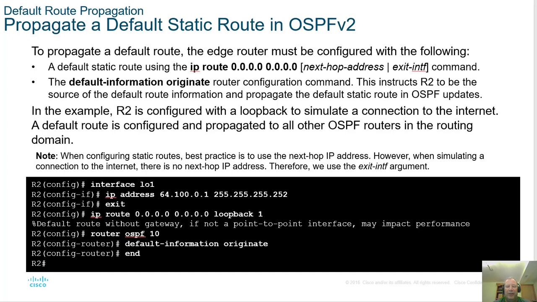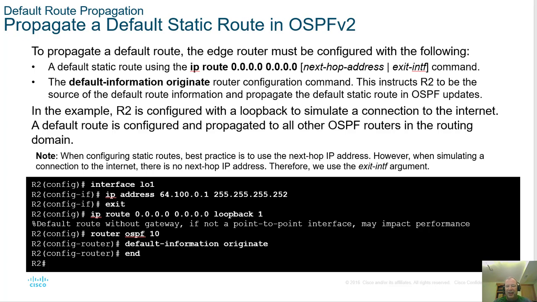All the other routers within your system will also want to have that static default route. So rather than building a static default route on each one and having it know how to get from where it's at to the internet, what we could do is advertise it within OSPF.